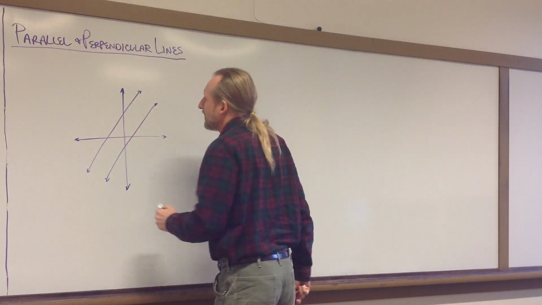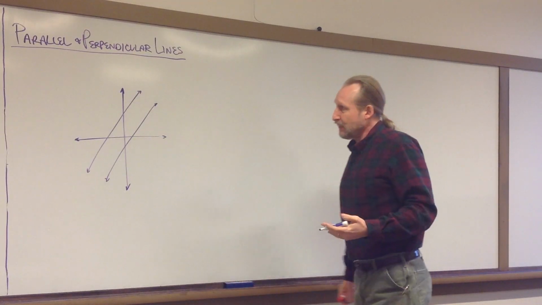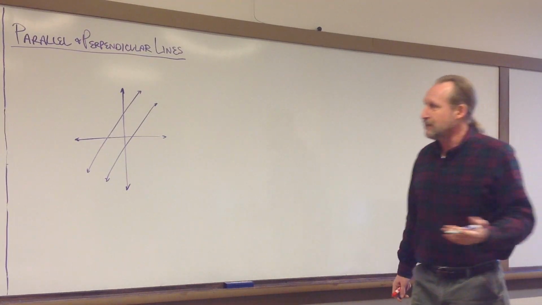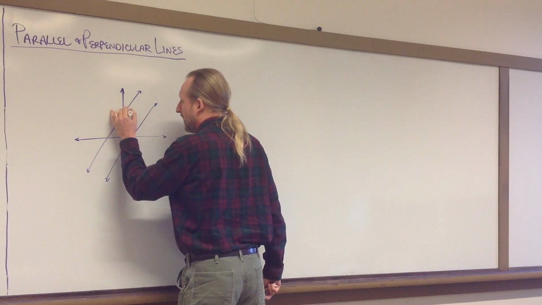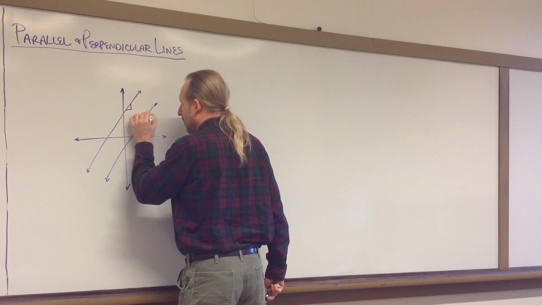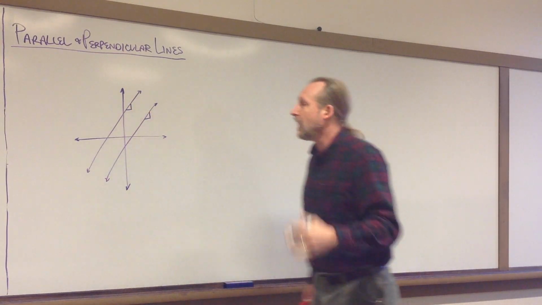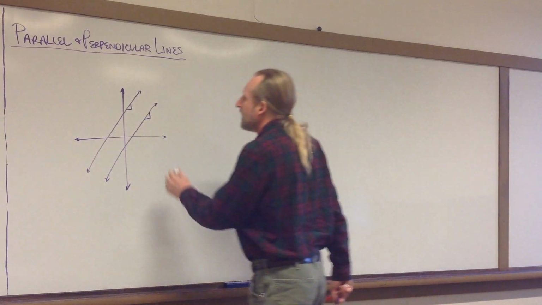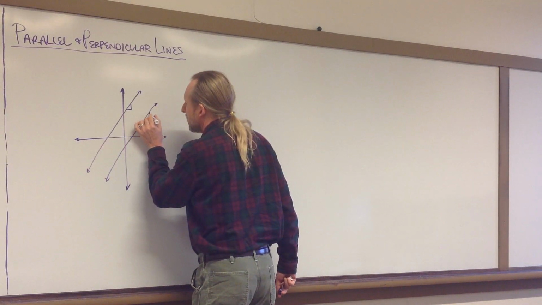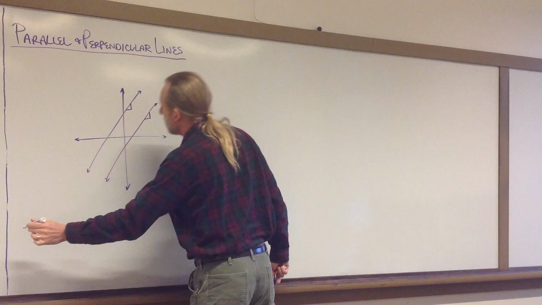And the fundamental idea here is that parallel lines have the same slope. Because for them to be parallel, every time you go over on the x's, you have to go up the same amount on the y's for these lines to stay parallel. If you didn't go up quite enough, then they would intersect here.